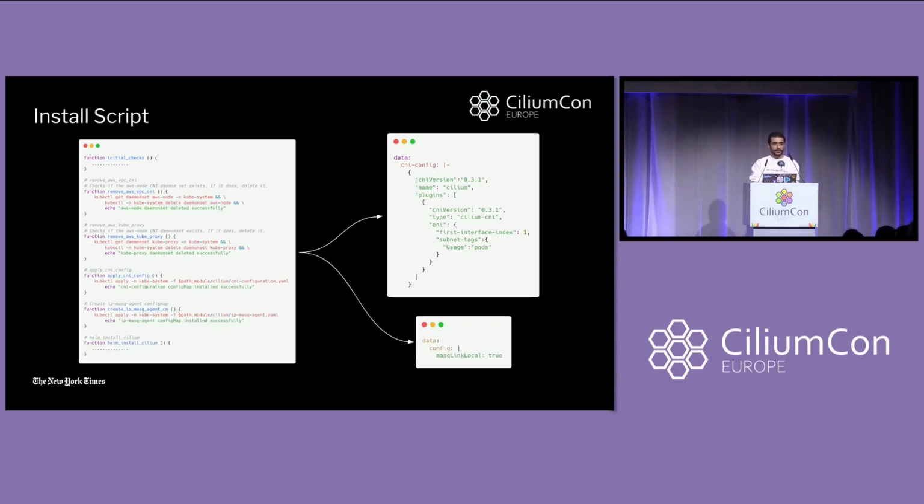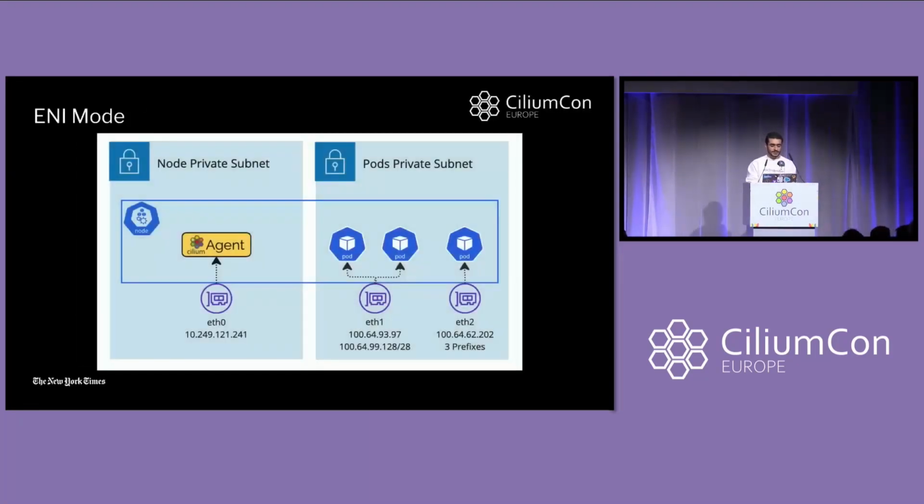You have all heard about IP exhaustion, and that's where we use the ENI mode for Cilium on top of EKS. There are a couple of things here. First, on that side, you'll see we have 10. IP space, which gets attached to the Cilium agent and the nodes themselves.